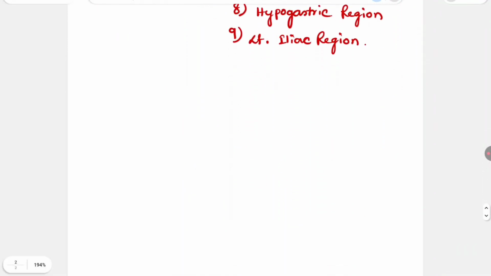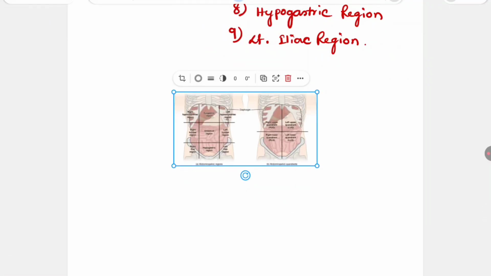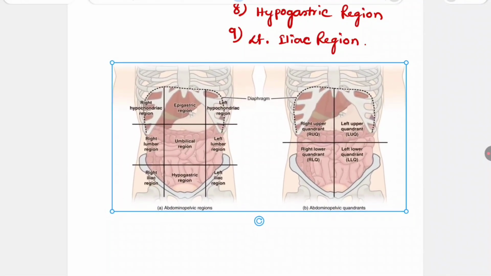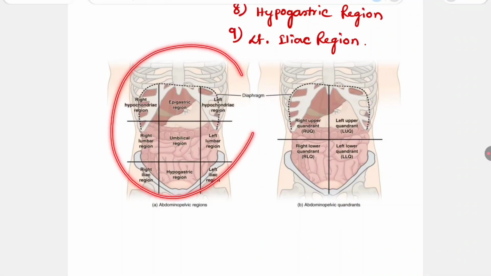Now I will show you one picture also, then it will be very clear. See, this left side image.